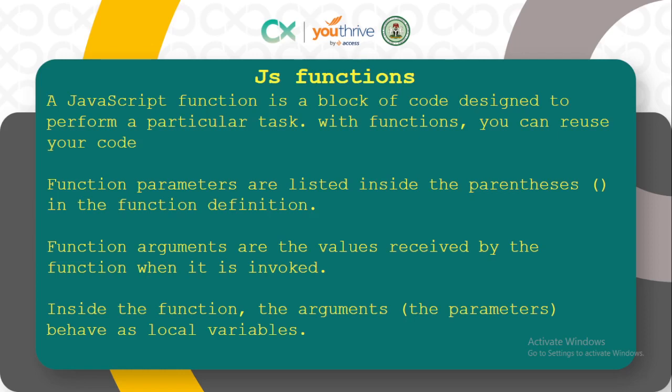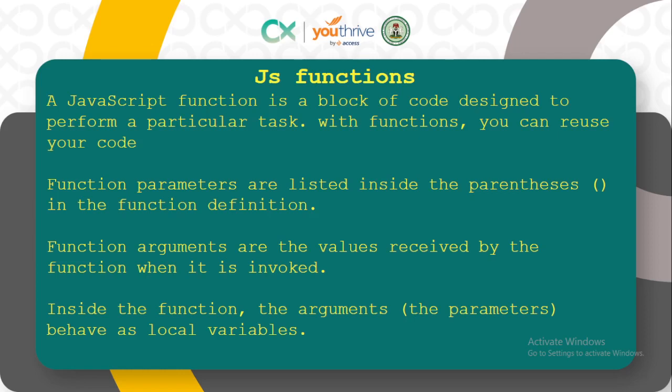Function arguments are the values received by the function when it is invoked. On the surface, a function parameter and an argument are the same, but if you go in depth, the parameters are the ones that you put in the parentheses when you are declaring the function, when you are writing the structure of the function.